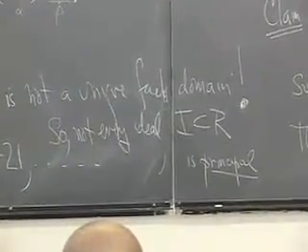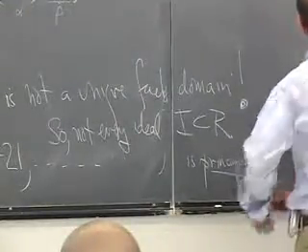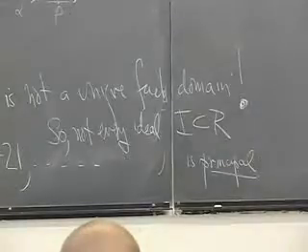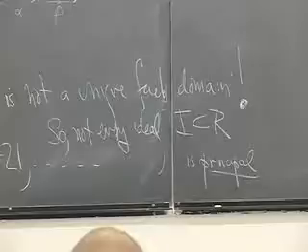Now, it is always the case for all of these rings that every ideal can be generated by 2 elements. Principal means it's all multiples of 1 element. But no matter what these rings are, any ideal can be generated by 2 elements.